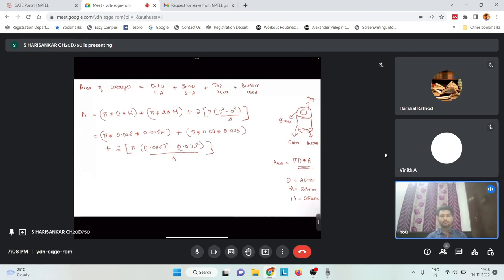So if we do the math here, we'll get an area in terms of pi as 0.00122375 into pi.